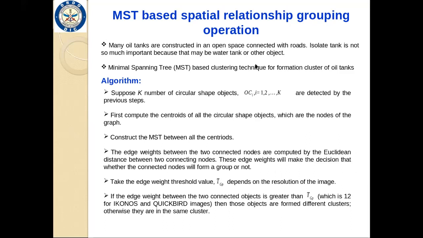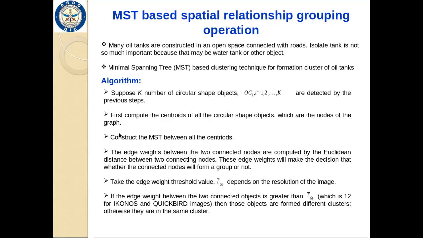Suppose k circular shapes have been extracted from the IGB clustered image. Then compute the center of each cluster, then construct an MST. If the edge is within the equivalent distance, that is obvious to connect the nodes. This edge threshold is TGP. If it is less than that, then they are the same class, otherwise they are in another class.